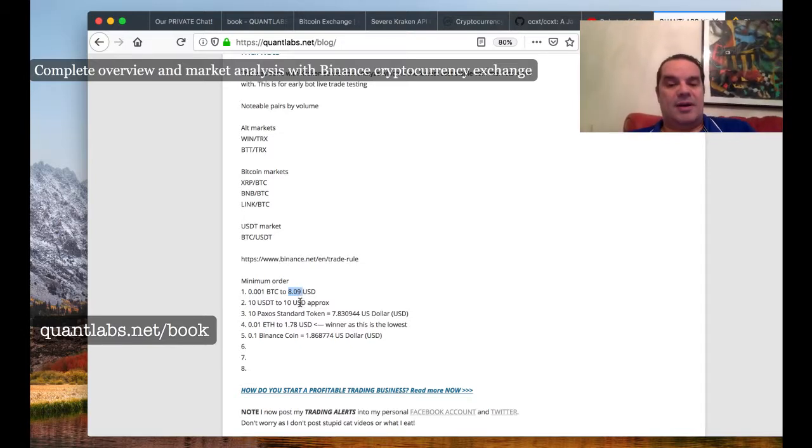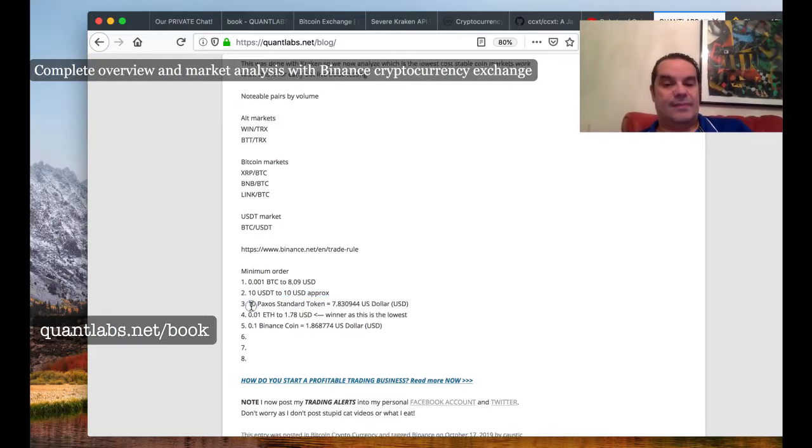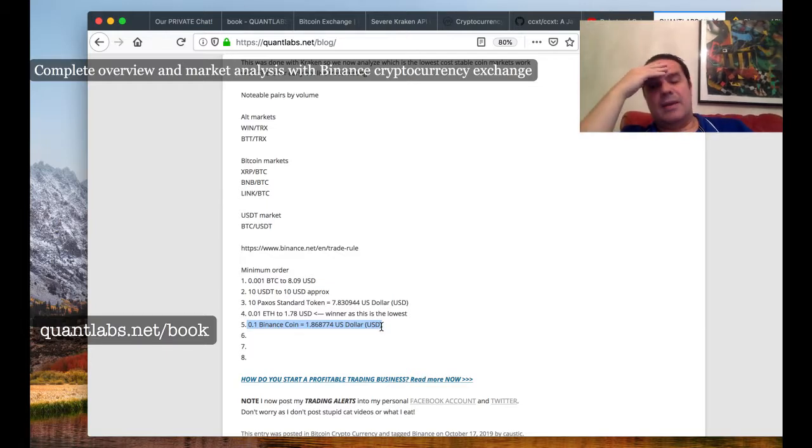So your next bet is to test USDT, which is Tether, and that's pretty well approximately the same as 10 US dollars. So that's a no-go as well. Then you have this thing called Paxos. That's about $7.83. That makes it useless. The next two, I did test yesterday, Ripple.